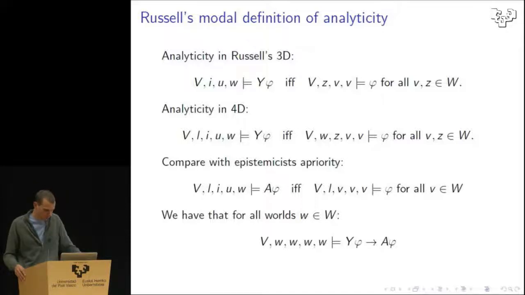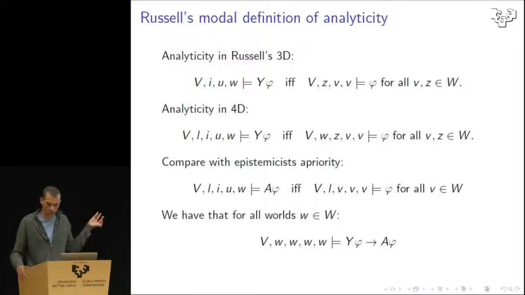The definition that she gives is the following: a sentence is analytic relative to some context and some possible world if, for every pair of possible worlds, using the first world as the context of introduction and the second world as context of utterance and context of evaluation, it always turns out that the sentence is true. So you vary over all these contexts other than the linguistic context, and you vary the context of introduction independent of the other two dimensions.